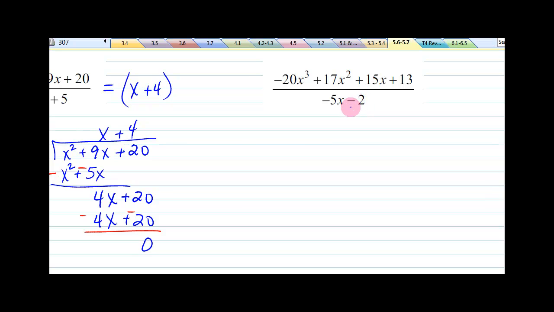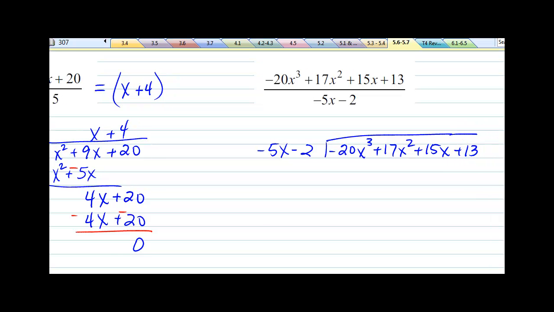So instead we need to rewrite negative 5x minus 2 on the outside with negative 20x cubed plus 17x squared plus 15x plus 13 underneath the house.